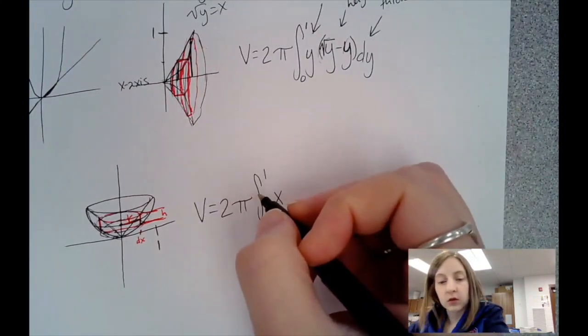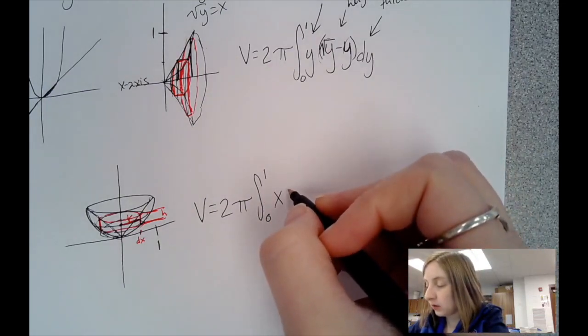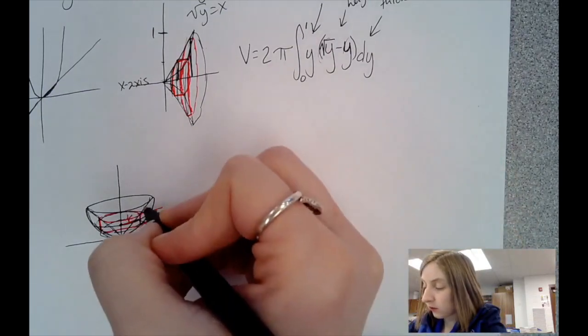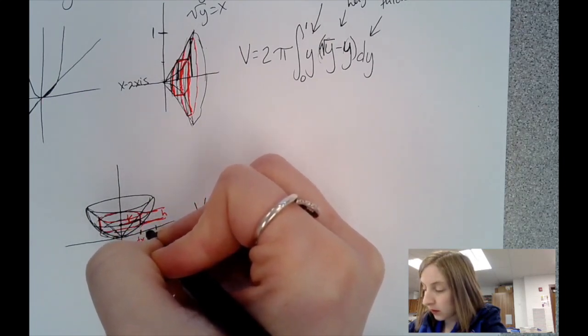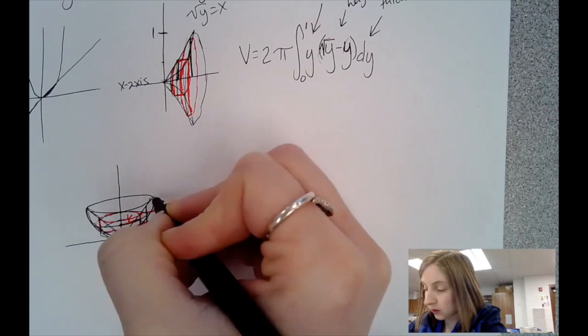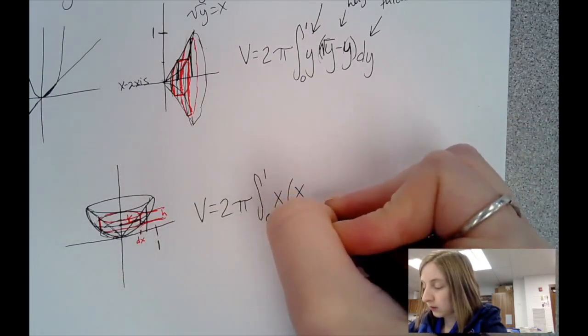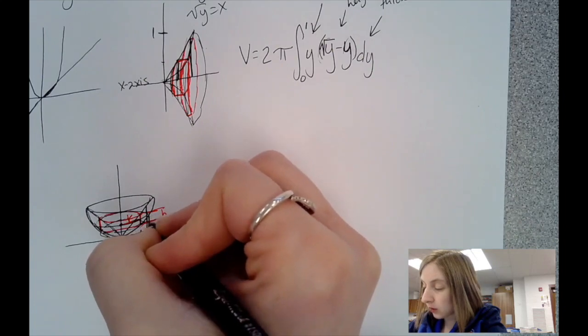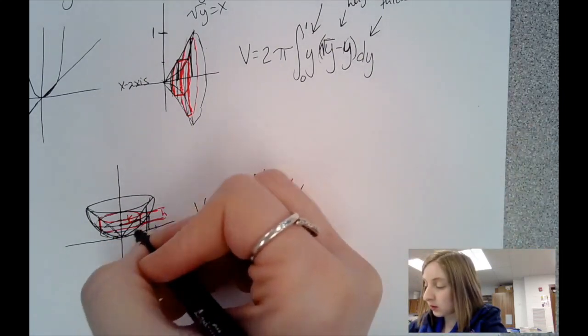Then the next thing we're going to do is find the height. The height is going from this curve to this curve. From the x-axis up to our top curve, which is actually our straight line, which is y equals x. And then subtracting this piece right below that, which is from the x-axis up to this curve, which is x squared.